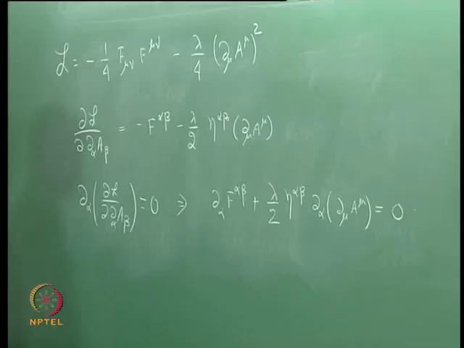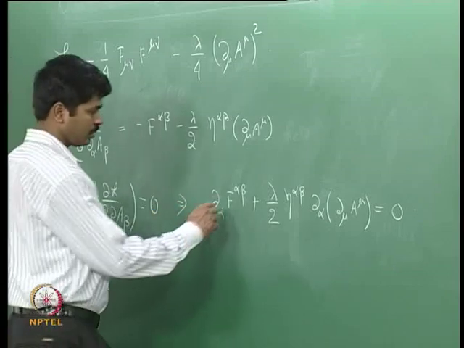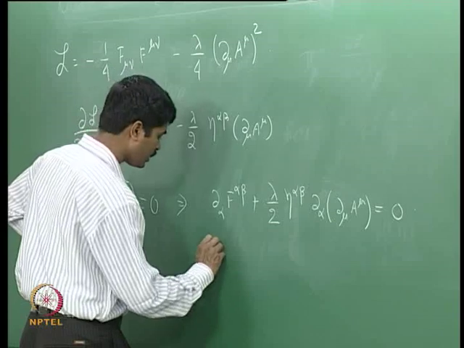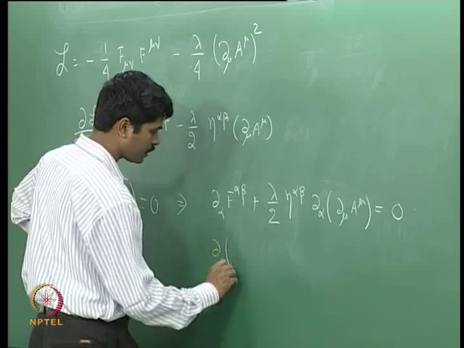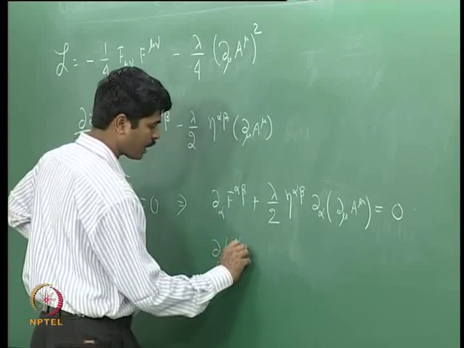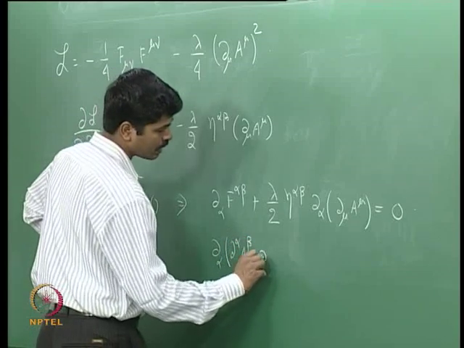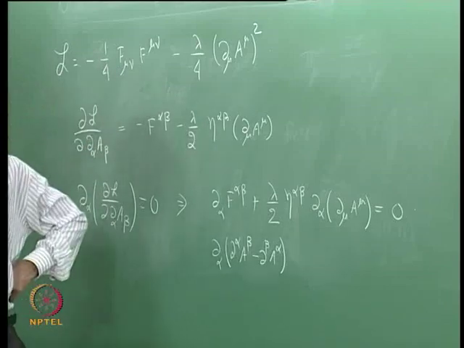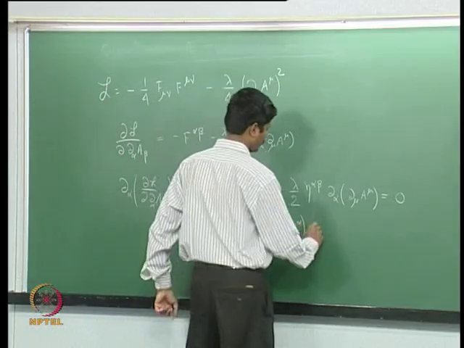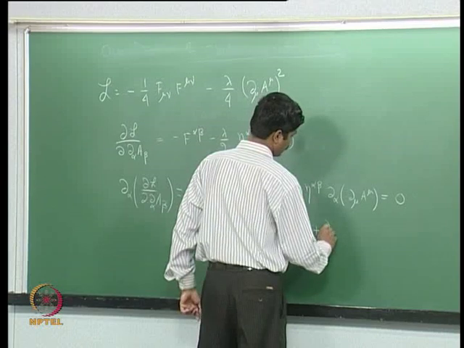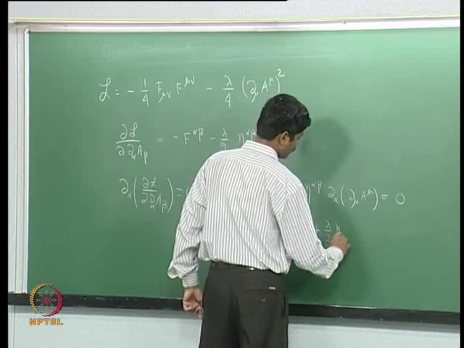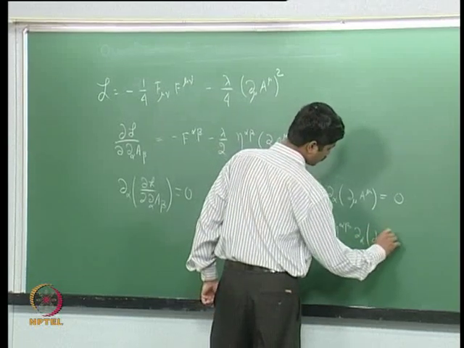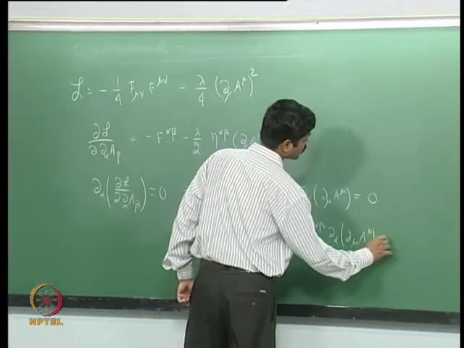Let us write it in a more simplified manner. This is del alpha of F alpha beta, which is del alpha A beta minus del beta A alpha, plus lambda over 2 eta alpha beta del alpha del mu A mu equal to 0.